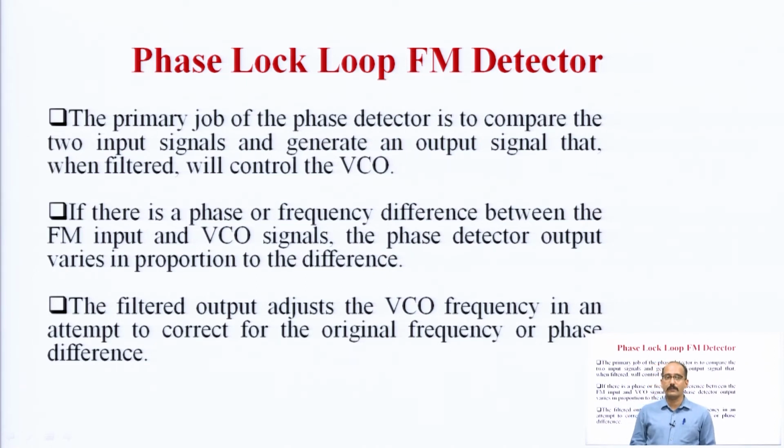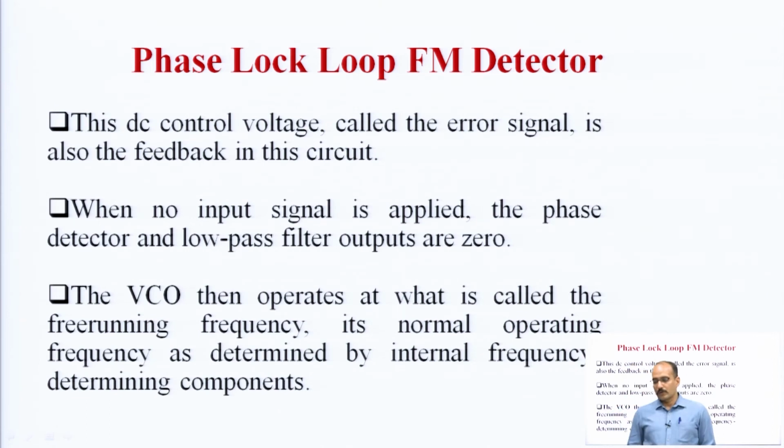Each time you get a new frequency, the VCO frequency is also adjusted as per the incoming signal, and that attempt makes the correct estimation of the original frequency or the phase difference. So, this DC control voltage, called the error signal, is also fed back in this circuit.